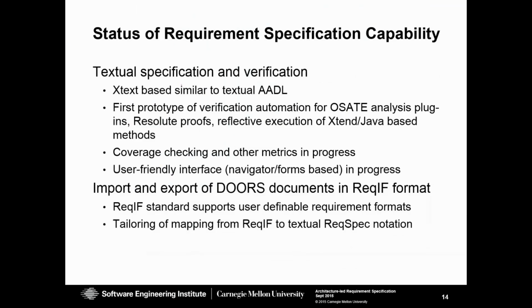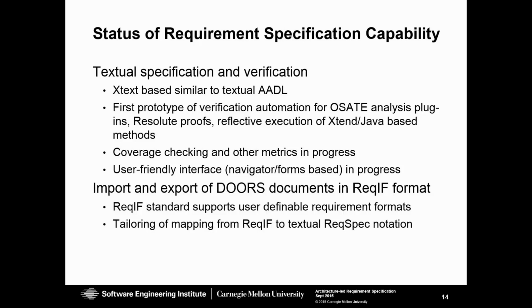In closing, we have a prototype implementation of the requirement specification as well as a verification prototype. Initially, we will release the requirement specification part, and by March, the verification element as well. The implementation, as you saw, is based on text and provides editing capabilities similar to textual AADL with context-sensitive help and content assist type of capabilities.